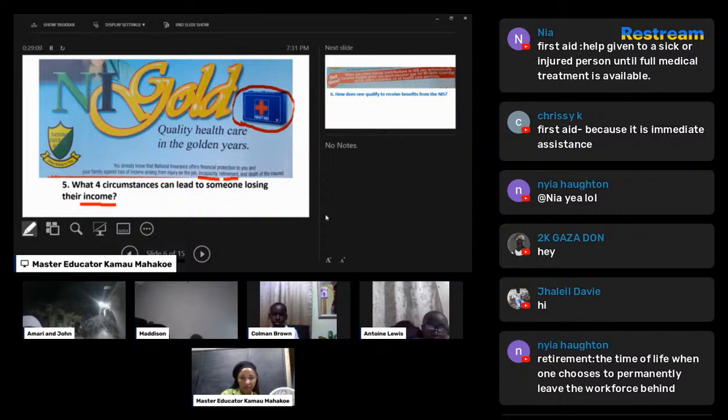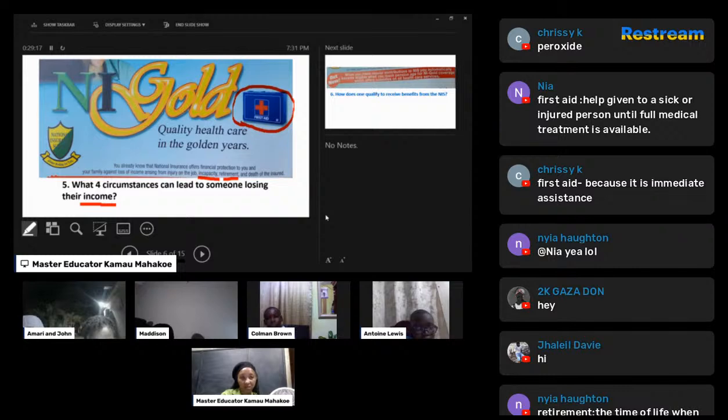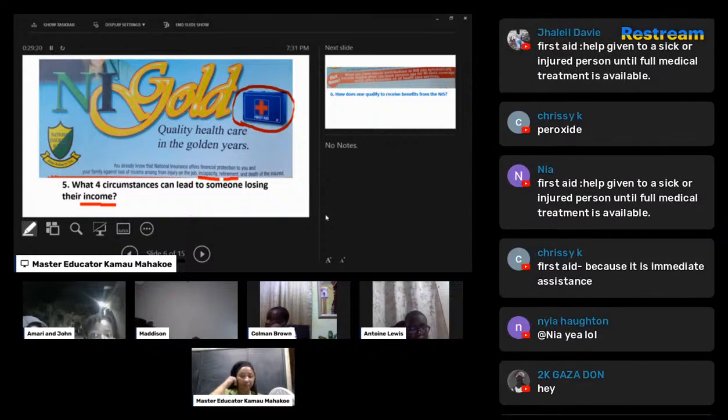Gauze, cotton, alcohol, tape, scissors. Yes, all these things are good. Cotton swabs, great things to have in your first aid kit.